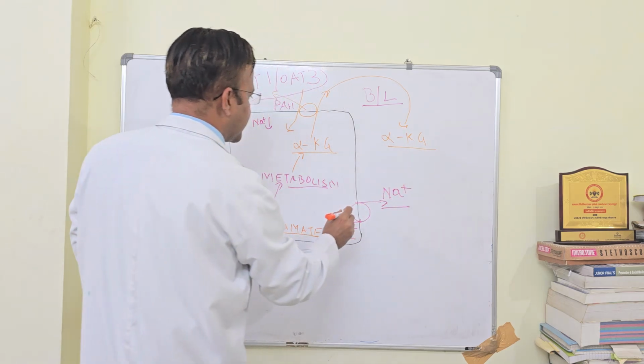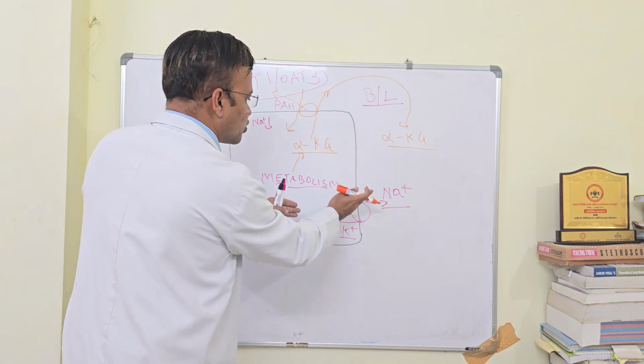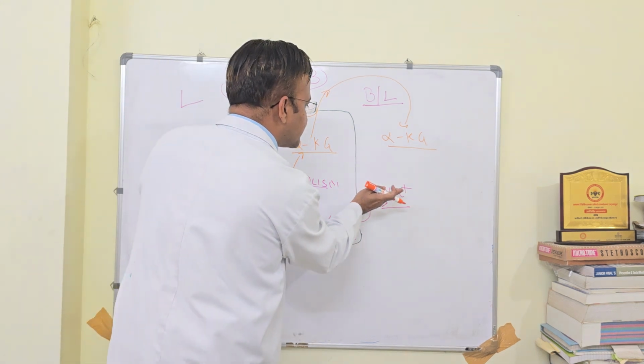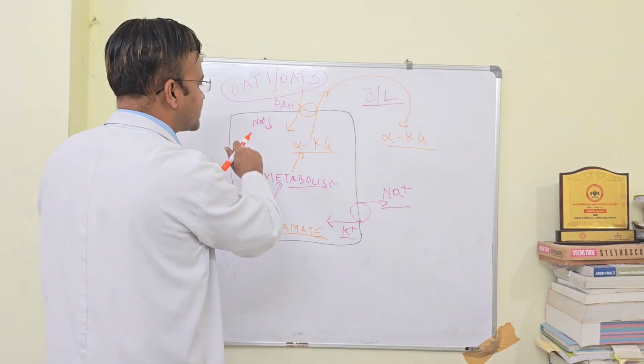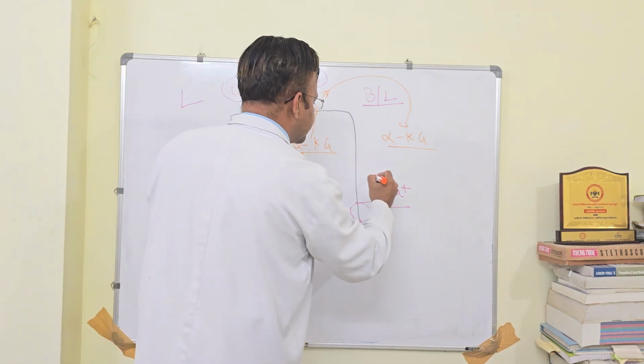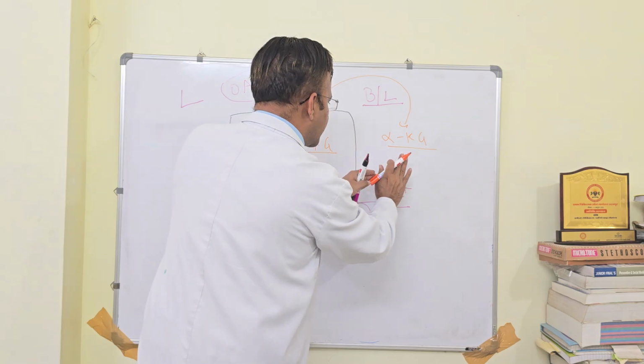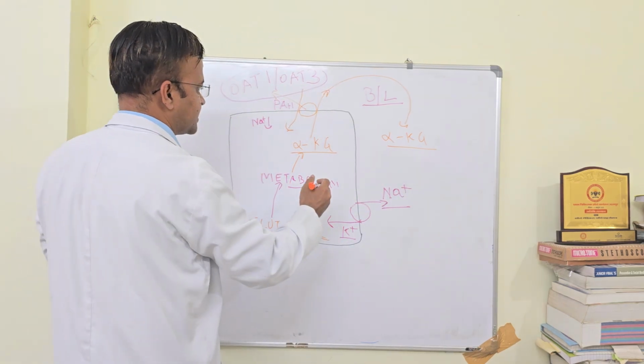Now, what we discussed in the beginning is that since the sodium potassium pump is pumping sodium outside and potassium inside, there is a deficiency of sodium inside. So there is a gradient. We have higher sodium outside compared to inside, right?